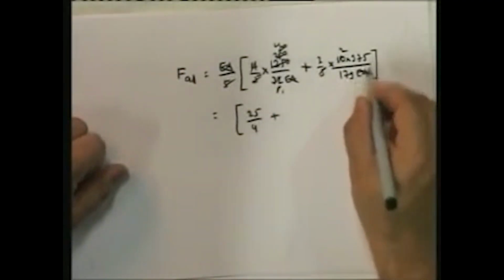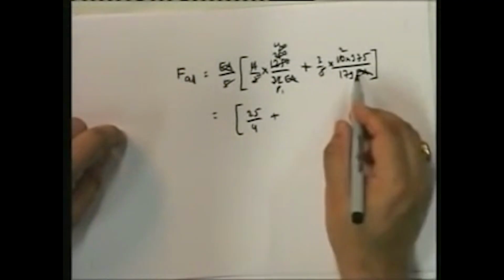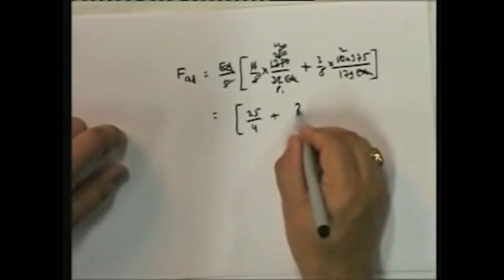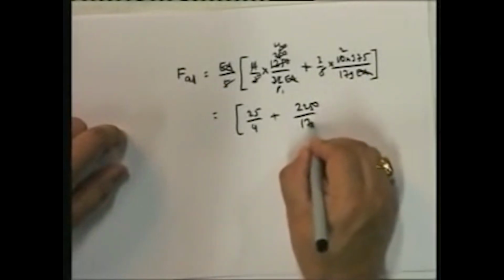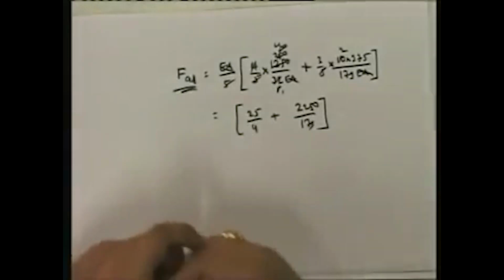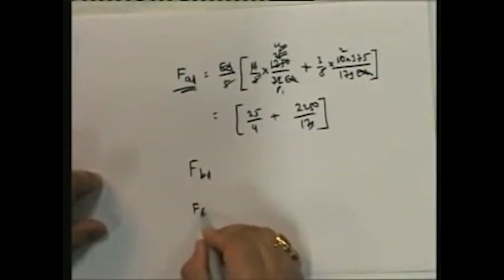Okay, so this is 6 into 375. So this is 1125 into 2 is 2250. 2250 upon 179. This is my F_AD. And in exactly the same way, I can find out F_BD and F_CD.